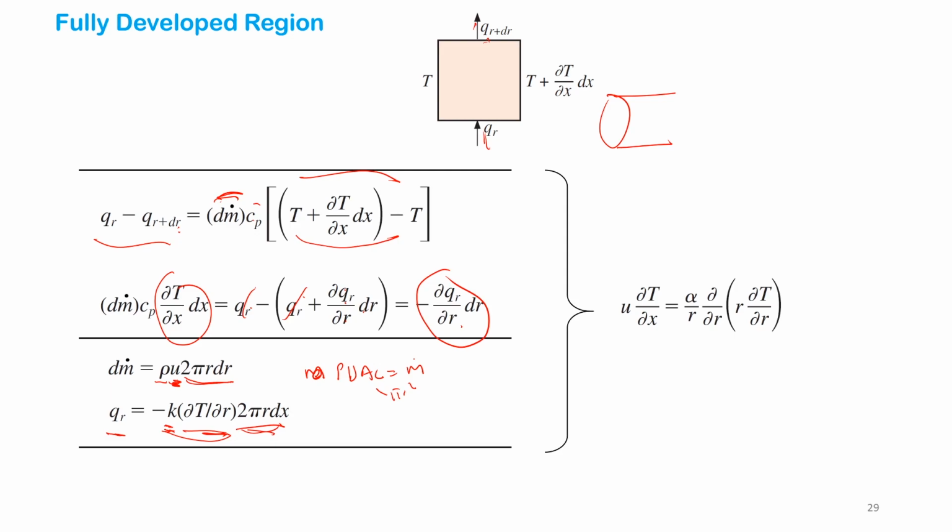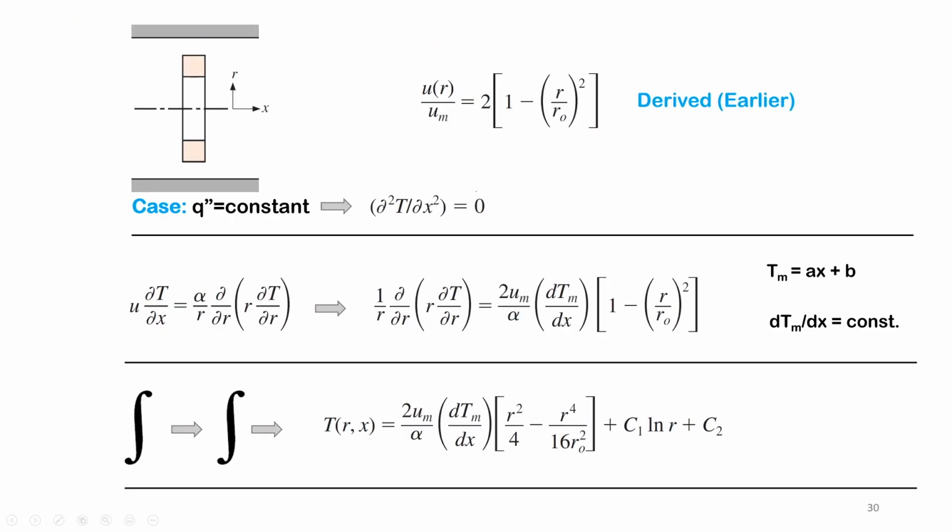So if we substitute everything in here, we will get this expression. We already derived the relationship between the mean velocity and the radial velocity. If we have a constant heat flux, that means the second derivative of temperature will be 0, right?